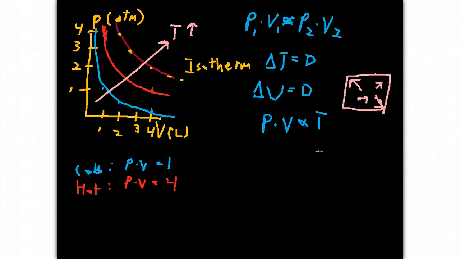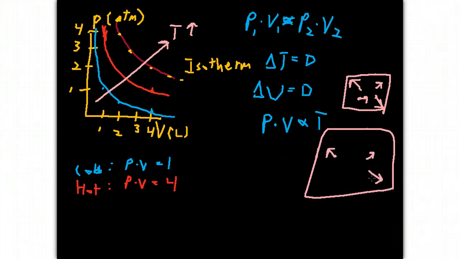But if I put these same particles in a much larger container, going the same speed, same number of particles, there's going to be far fewer collisions with the surface, which means that while the volume is greater, the pressure is considerably less. That's really what this relationship is trying to get at for us.